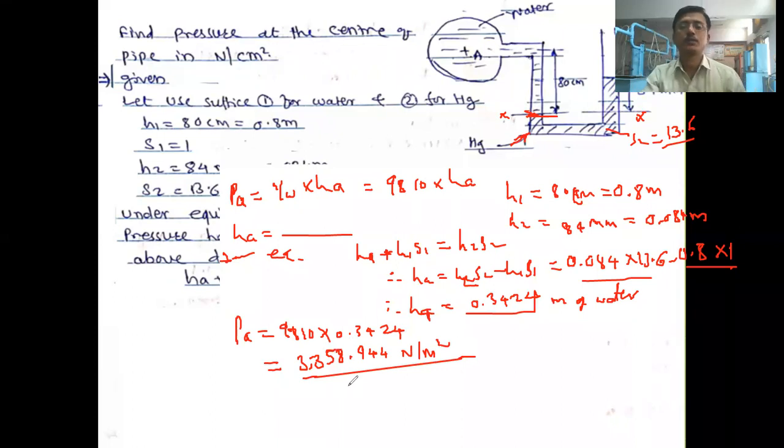But here the answer is asked in Newton per centimeter square. What do I have to do here? Divide by 10 to the power minus 4.